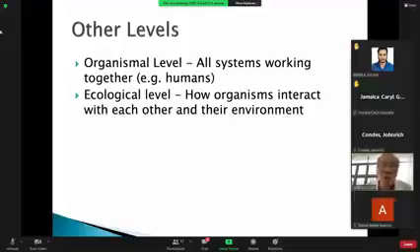So the behavior of one person, the behavior of one organism, can be attributed at the genetic level, but the genes interact with the ecological environment. That's why we have the ecological level. So we are not isolated because we are surrounded by the environment. We call these the abiotic factors.